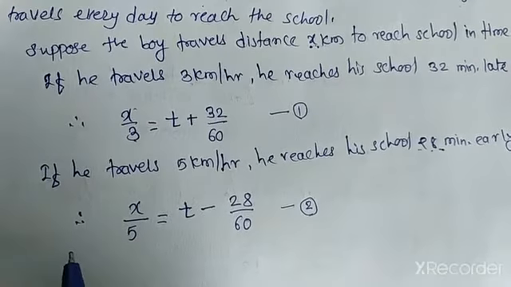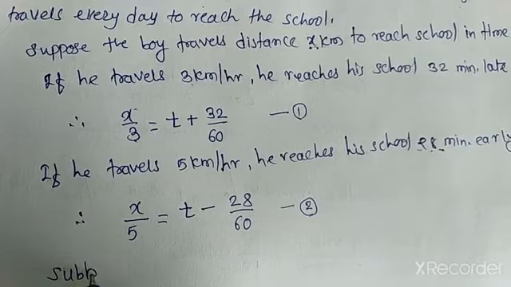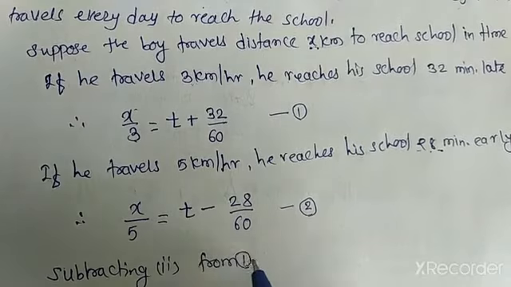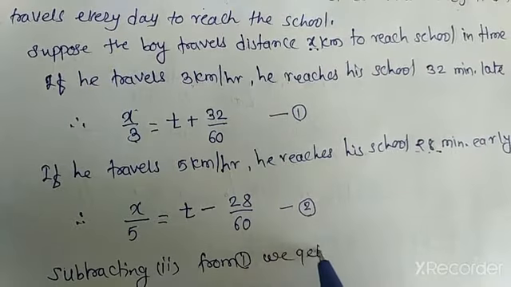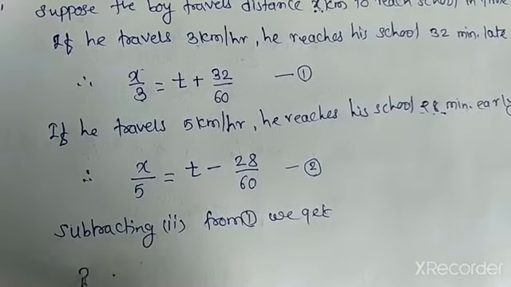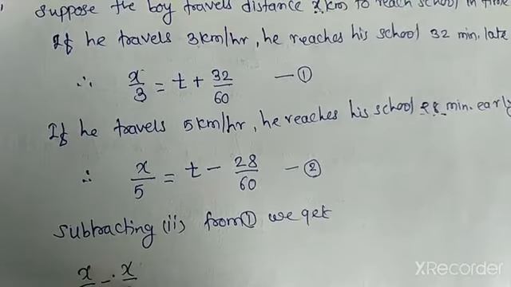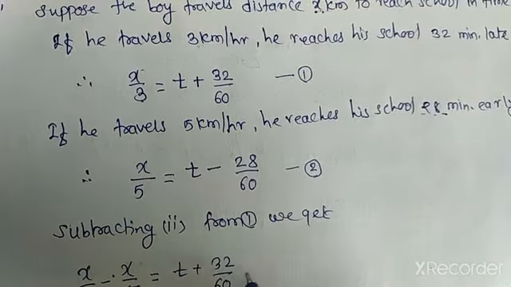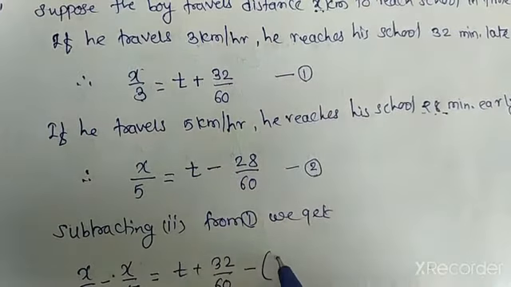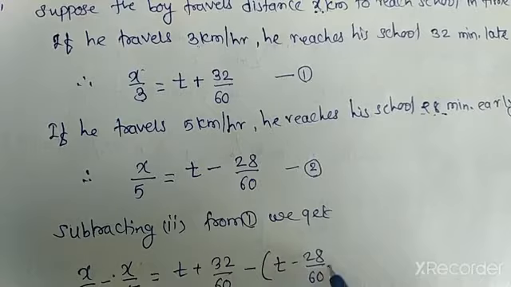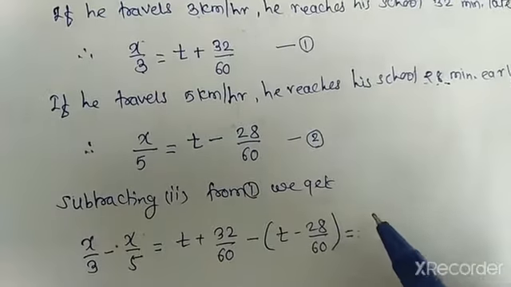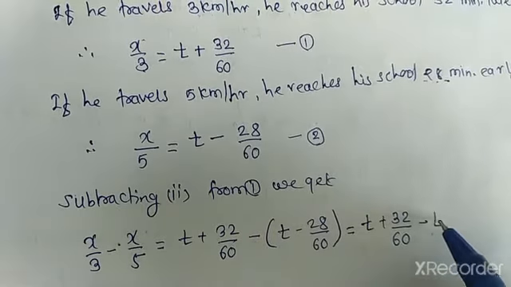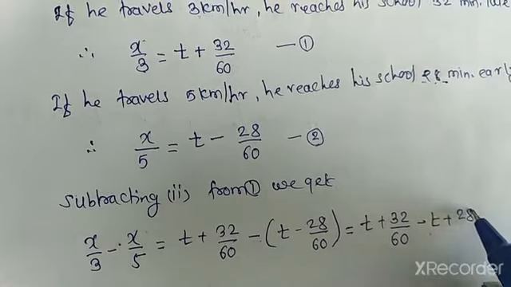So subtracting 2 from 1, we get, now here x upon 3 minus x upon 5 is equal to, first term is t plus 32 upon 60 minus, in bracket it is t minus 28 upon 60, which can be written as t plus 32 upon 60, you have to make sign changes, minus t, minus minus plus 28 upon 60.